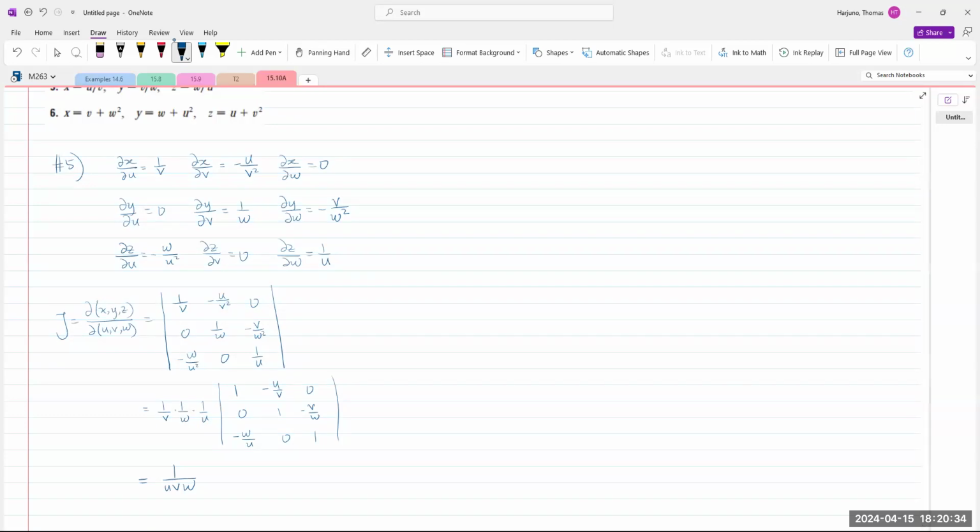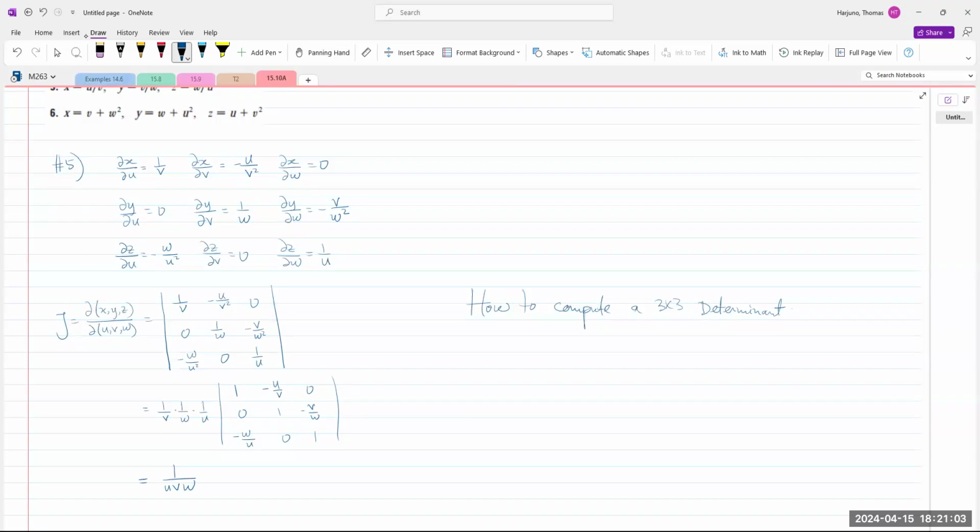The one I like the most is, you may want to go back to precalculus, or search on YouTube how to compute a 3 by 3 determinant. There are 7 ways.